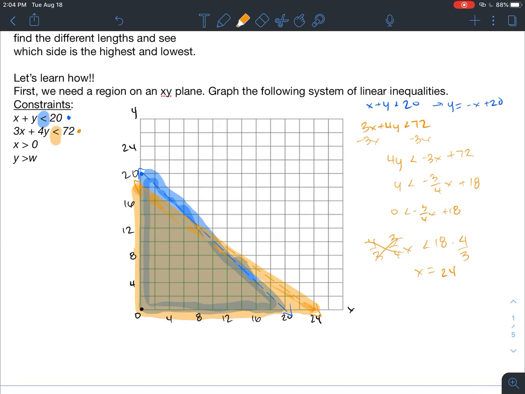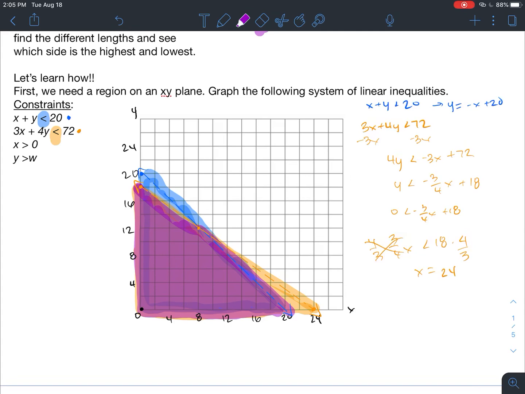And now we have to examine the crossover, the double shaded areas, which goes from here to that point down to here. Alright, so we have our region. Just like we did in the last lesson, we have a region.